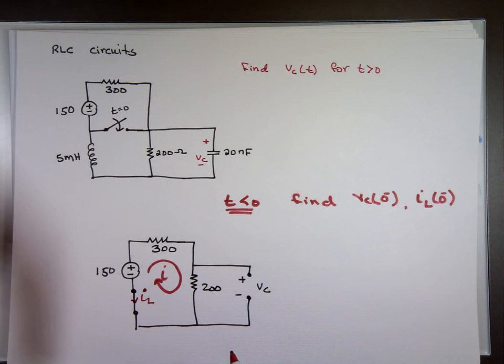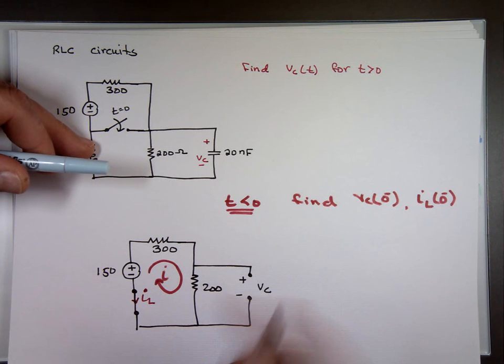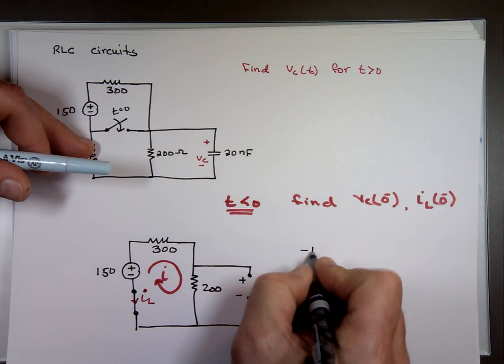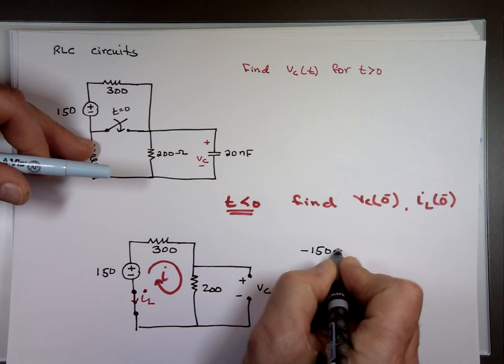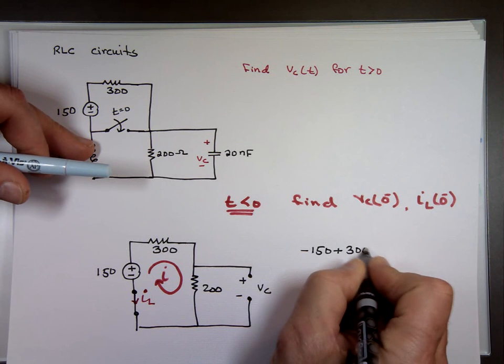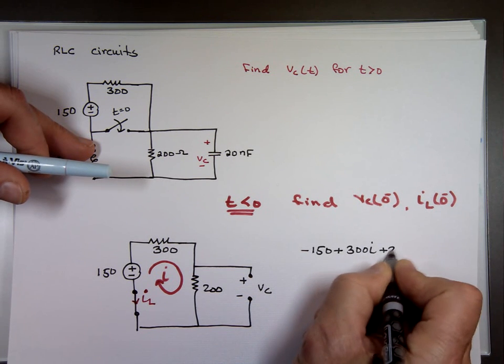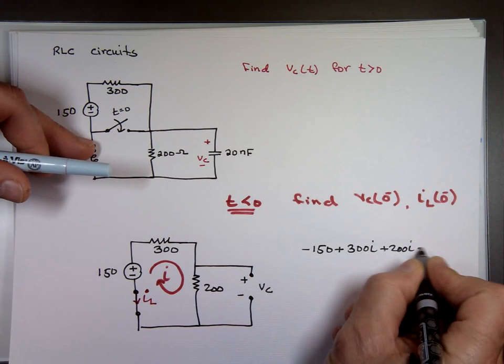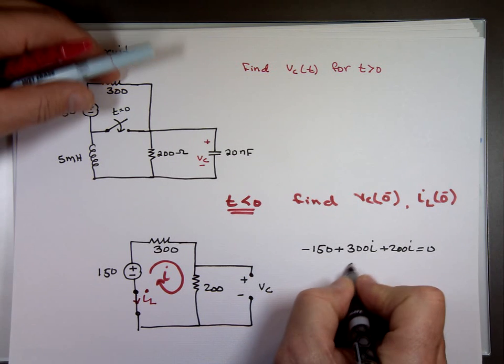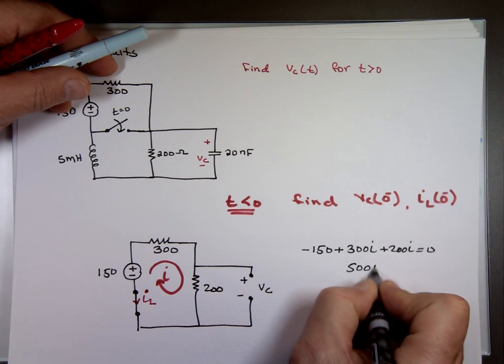I and I sub L are the same thing except opposite in sign. If you do KVL in that one, that's negative 150 plus 300I plus 200I is equal to 0. 500I equals 150.